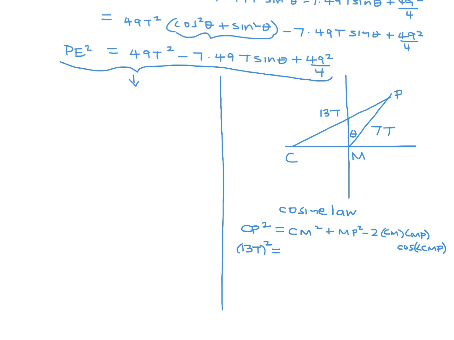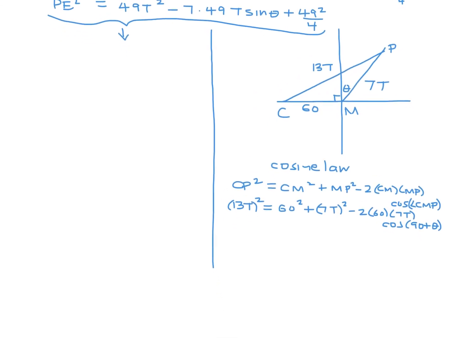And then CM, where if you recall, the cat starts 60 meters away, so that's 60 squared. MP is 7t squared. And then we got CM, which is 60, MP, which is 7t, and cos of that angle, cos of CMP. So this is 90, so CMP would be 90 plus theta. So the cos of 90 plus theta. Yeah. All right. Getting somewhere, hopefully.